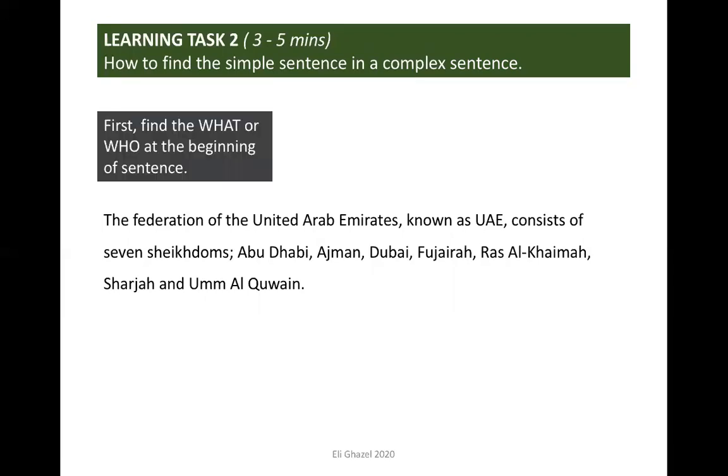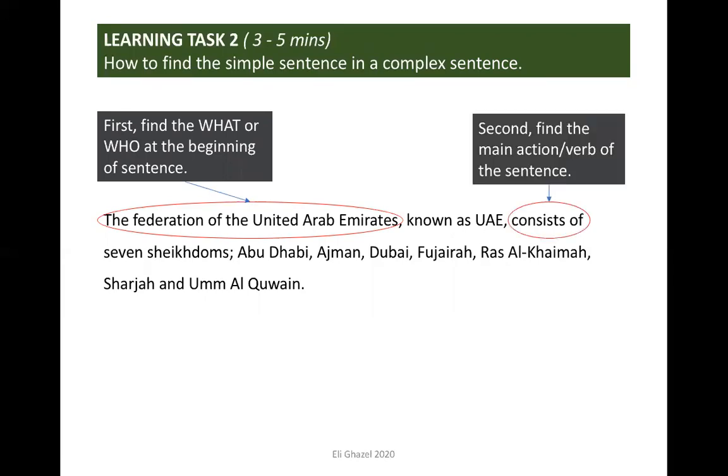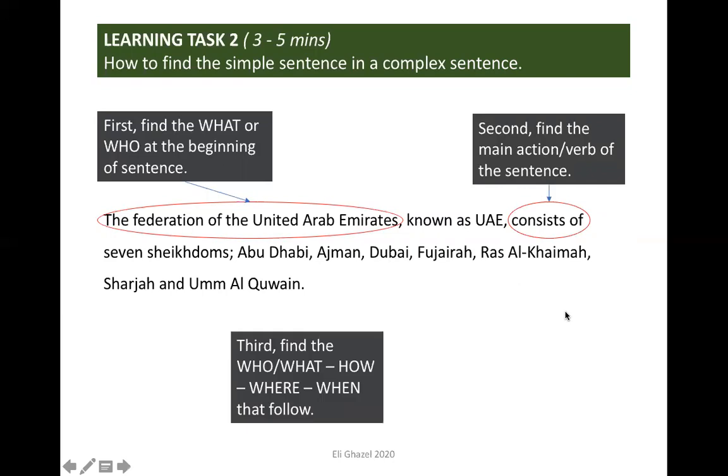First, we find the what or who at the beginning of the sentence, like this. What or who? The Federation of the United Arab Emirates. Good. The second step is to find the main action or the main verb of the sentence. The third part is to look for the last what or where or when. Find the who, what, how, where, when that follow.